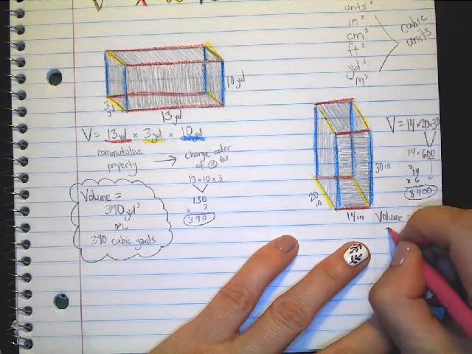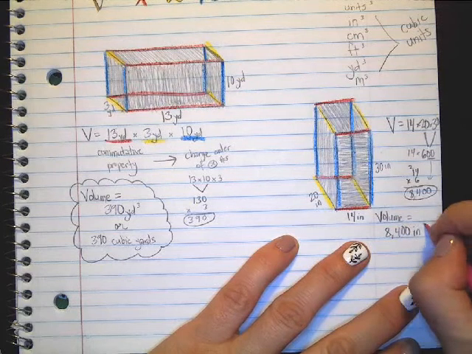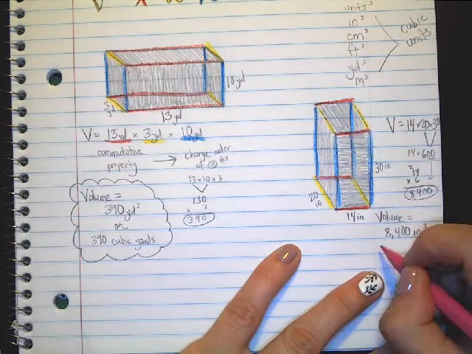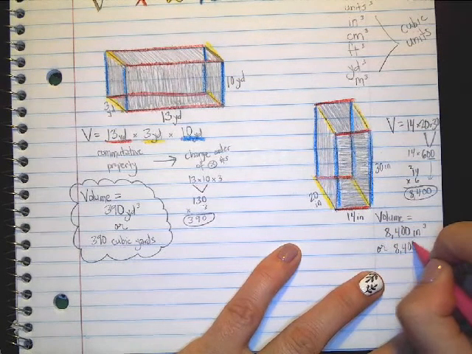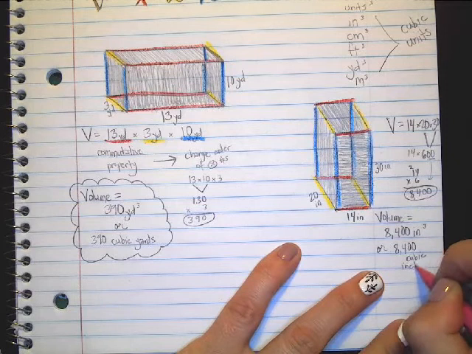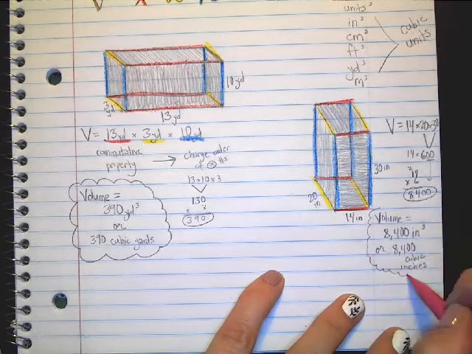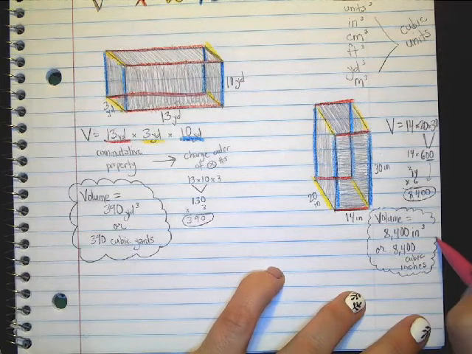Okay, so in this case, I would say the volume equals 8,400 inches cubed. Or, how else would I say that? 8,400 cubic inches.